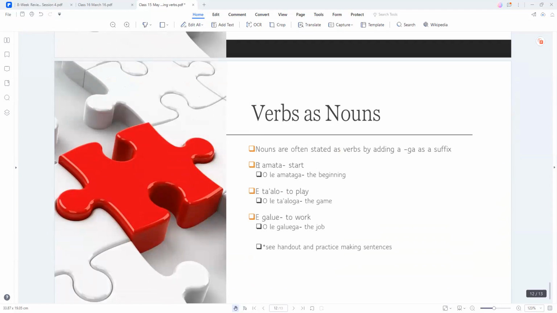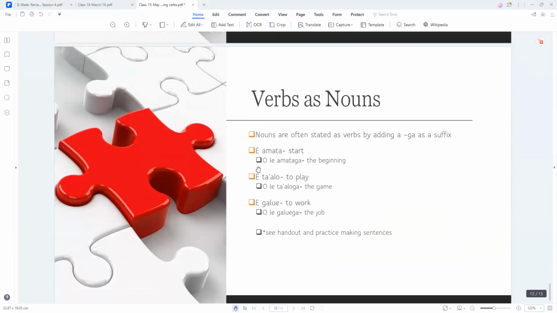We have verbs as nouns. I know a lot of times, and this is where Google gets it wrong a lot, they'll say amata. Amata is to start, and sometimes you'll look for the translation of beginning, and it'll just say amata again.